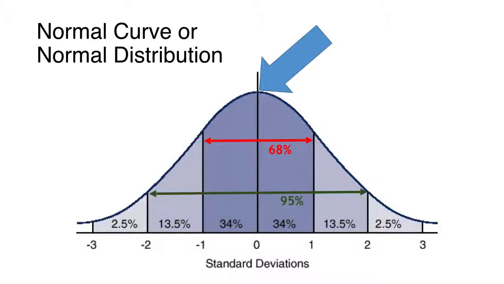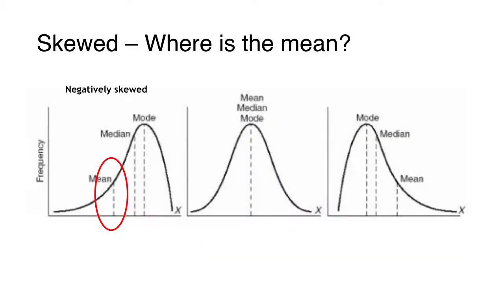Now, what happens if it's not a normal distribution? That's what we call skewed. Remember when I talked about how the mean can be changed by the outliers? Skewed means that the mean was changed by some outliers. If the mean ends up really, really low, in other words, there were some people who scored so low that it actually moved the mean from the middle way down low, that means it's negatively skewed.